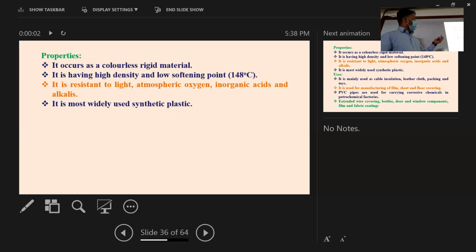It has high density and low softening point. High density doesn't mean above 1, just up to 0.96. That is our highest density for the plastics or polyethylene. It is resistant to light, atmospheric oxygen, inorganic acids, and alkalis.